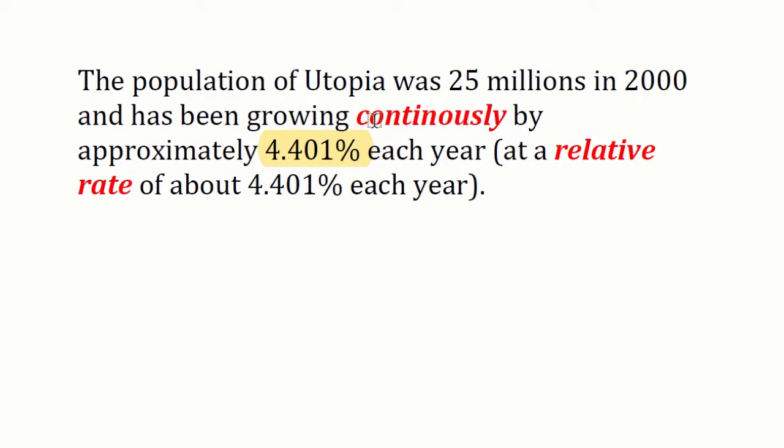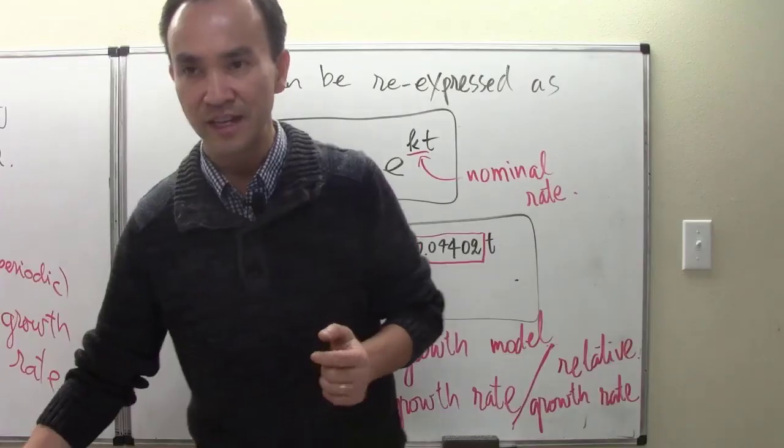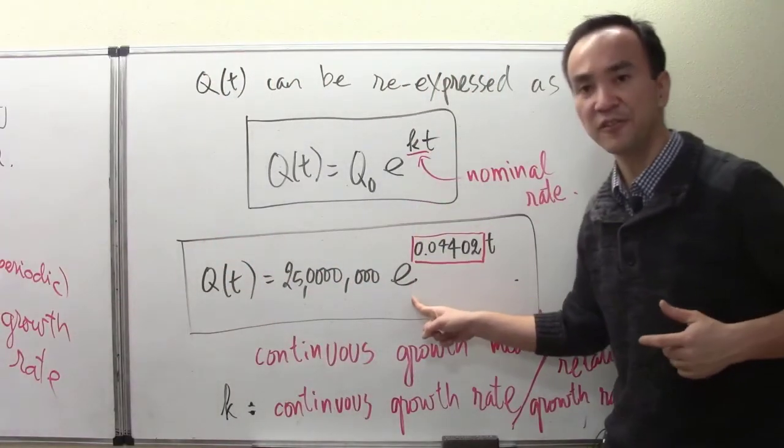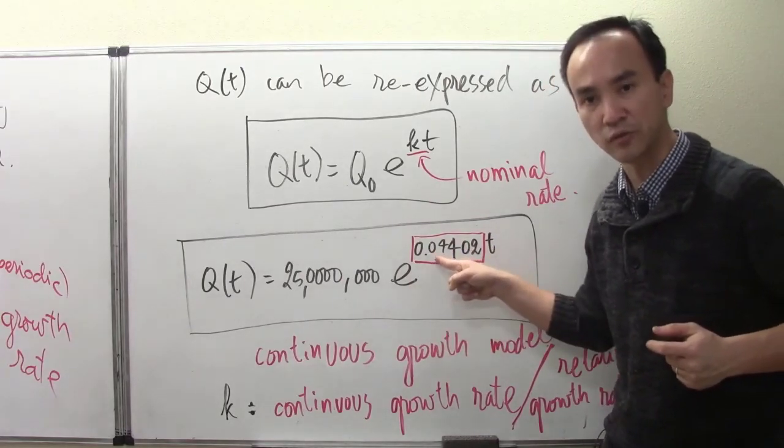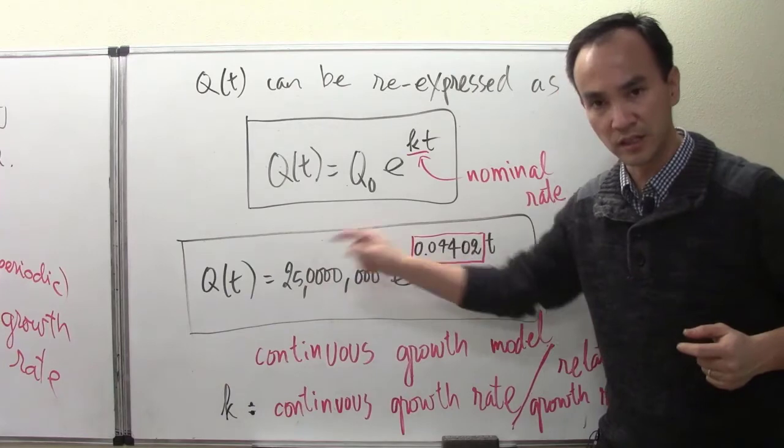When you see that term "continuously", it clearly catches your attention that the default version of the modeling function has to be in base e. So it's easier to start out with base e first, and then that continuous growth rate is used with the initial amount.